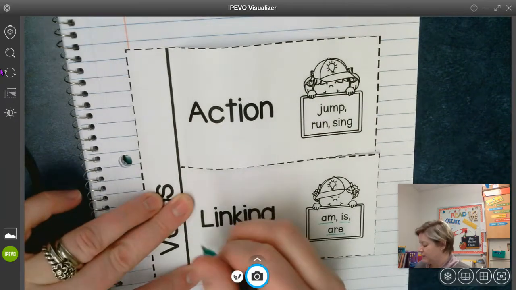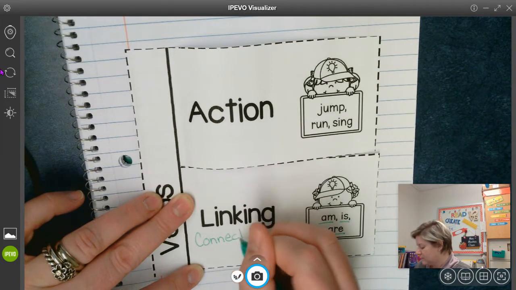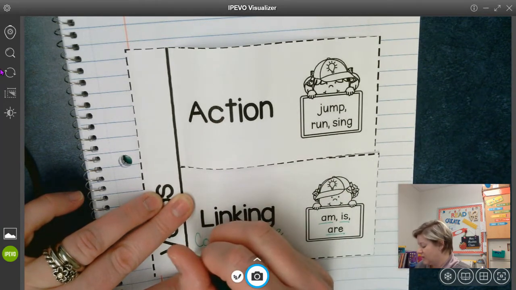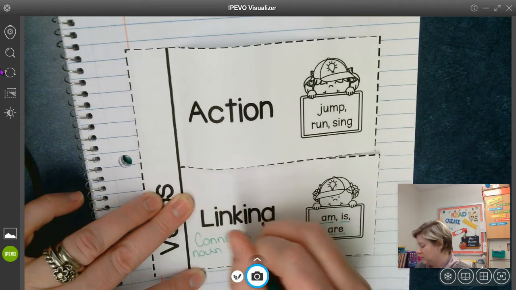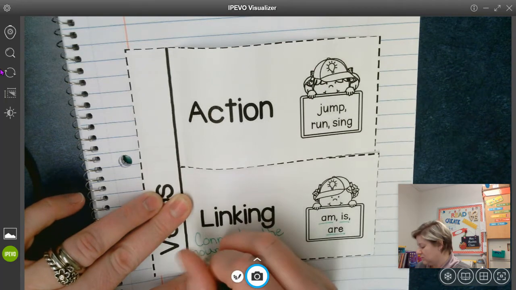Okay, so we're going to write: connects the noun or the subject to the action.